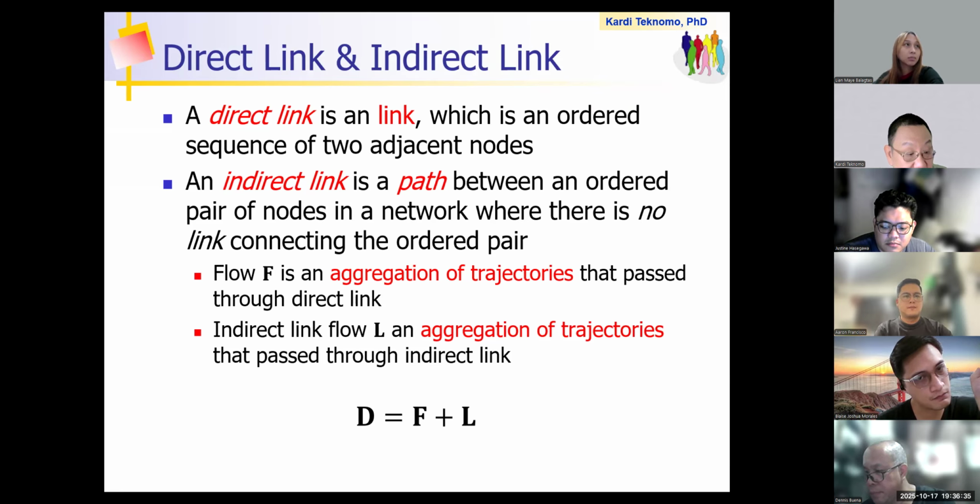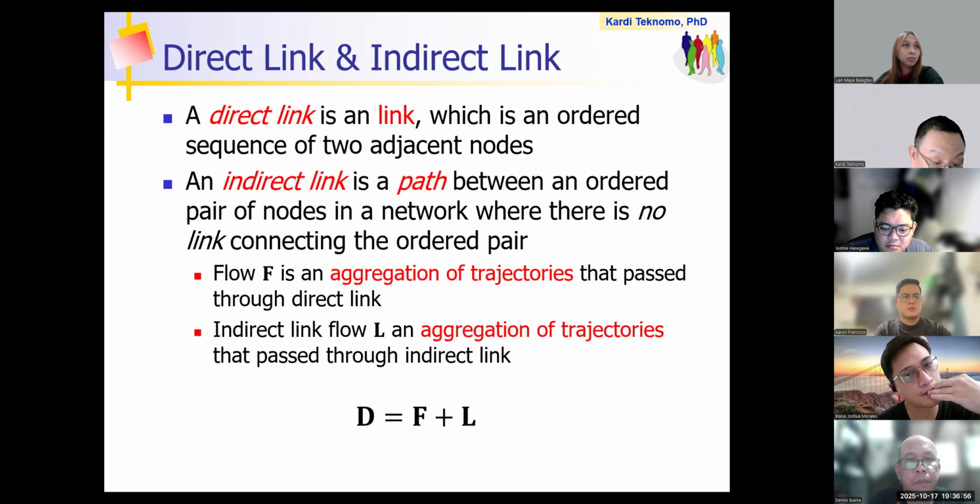So clearly F, the flow matrix, is the aggregation of trajectories of these direct links. When you have direct links, that means there are indirect links. So the indirect flow is the aggregation of trajectories that pass through the indirect links. Can you distinguish between direct and indirect links?